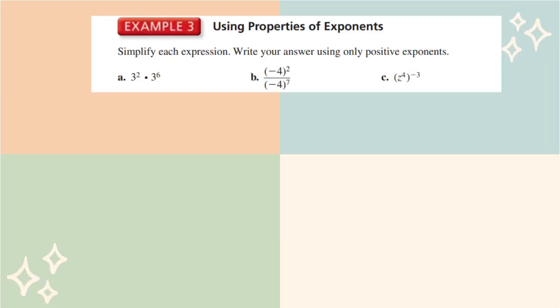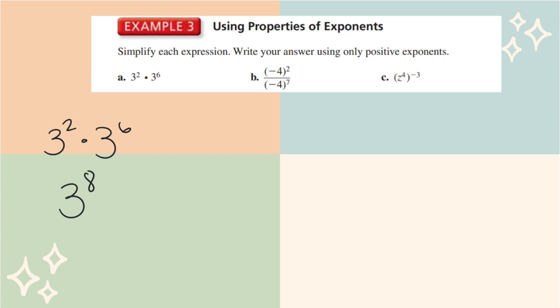So let's practice. In A, we have 3 to the power of 2 times 3 to the power of 6. If you recall, the product of powers property means that we keep the same base, which is 3, to the power of 2 plus 6, which gives us 8.